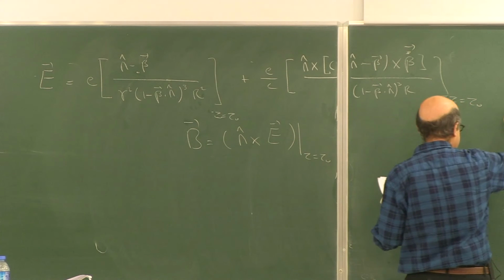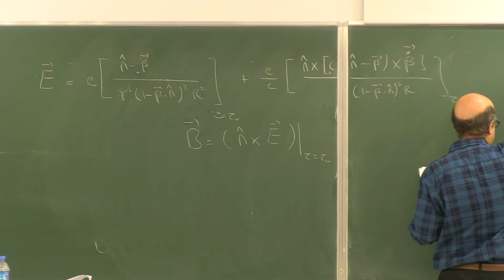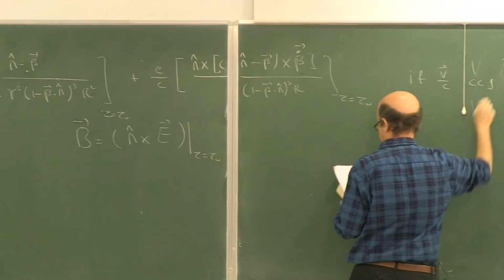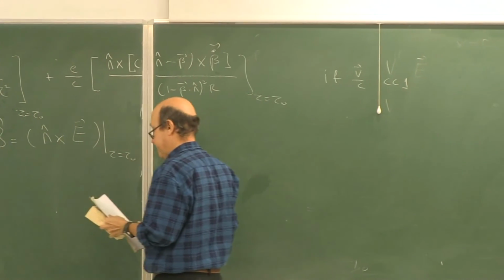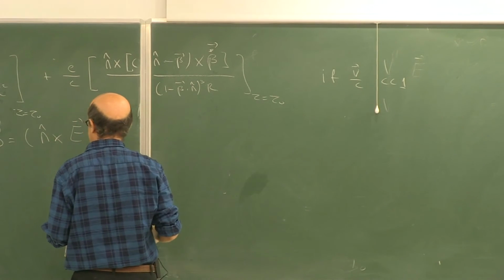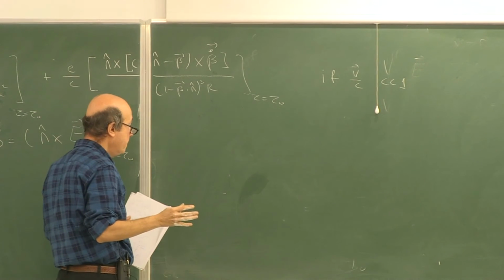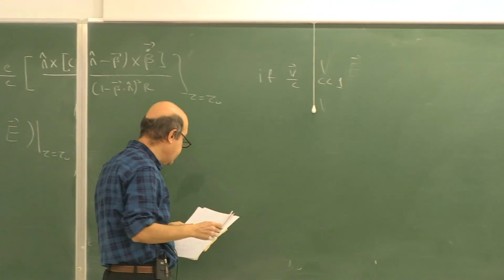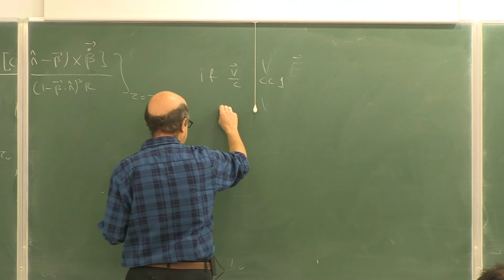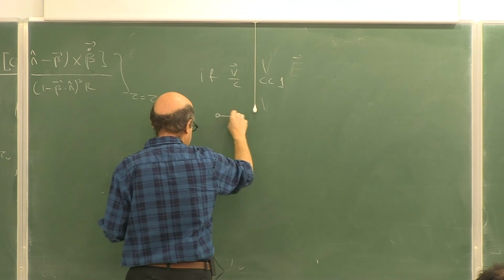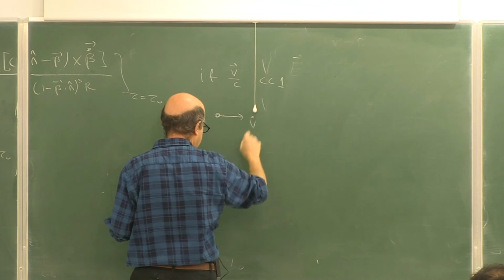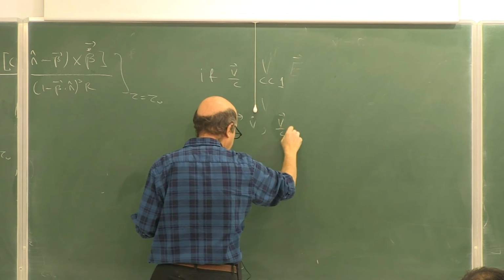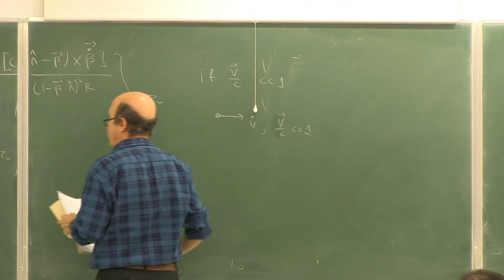So if V over C is small, you can ignore all the beta terms, and if the charge is accelerating but beta, V over C, is small, the situation is the following.